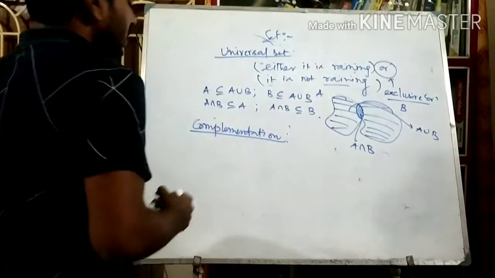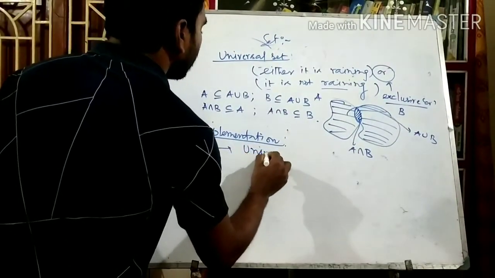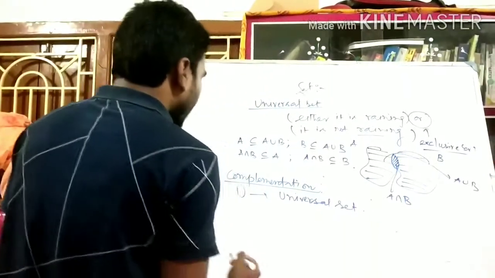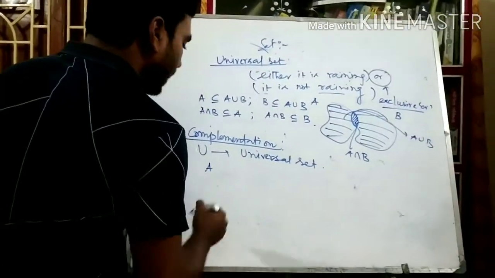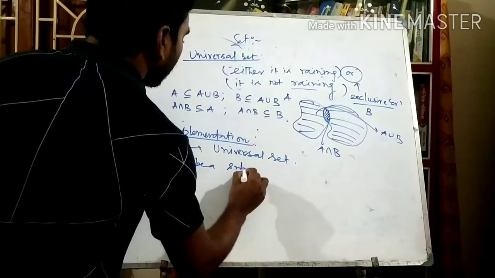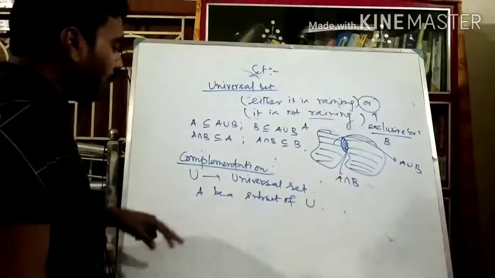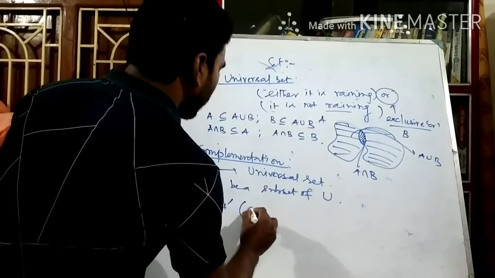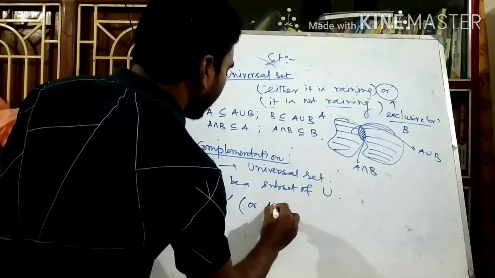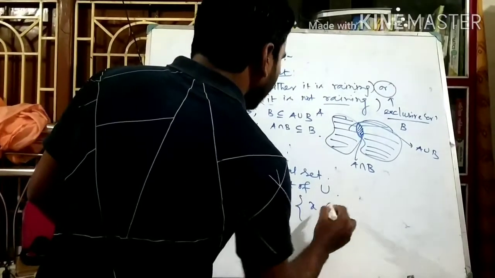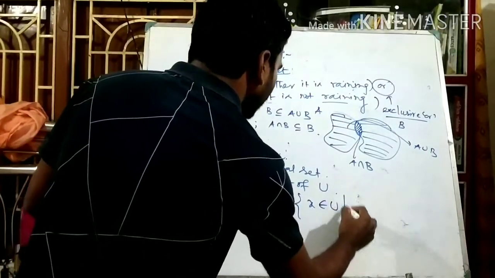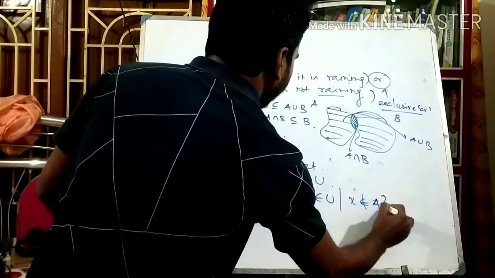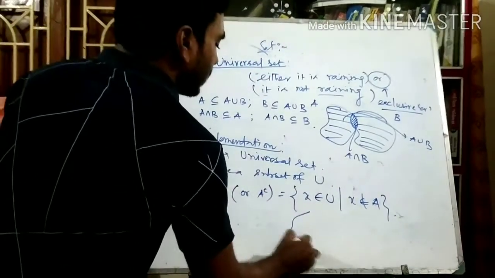Suppose U be the universal set, and A be a subset of U. Then the complementation of A, denoted by A prime, or it can also be denoted by A complement, is defined as X belongs to U such that X does not belong to A. So it is something like this.